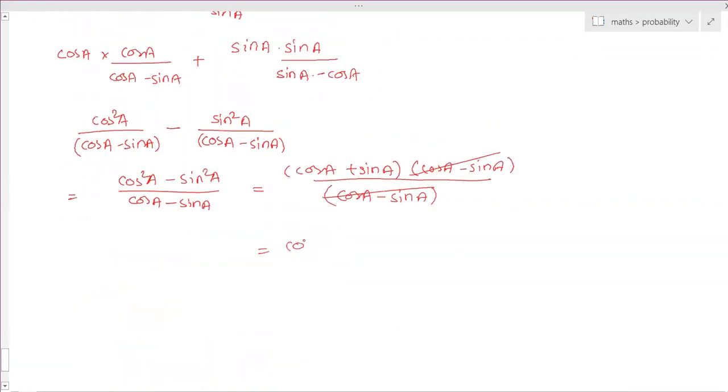That is equal to cos A plus sine A. Clear? Yes, ma'am.